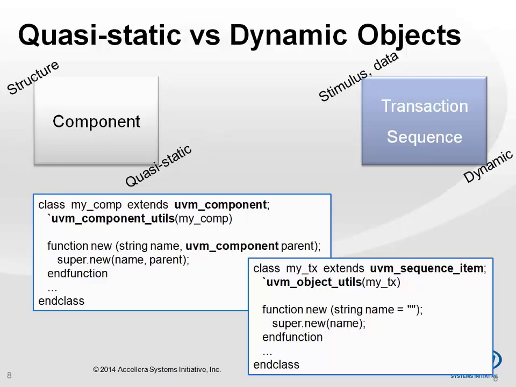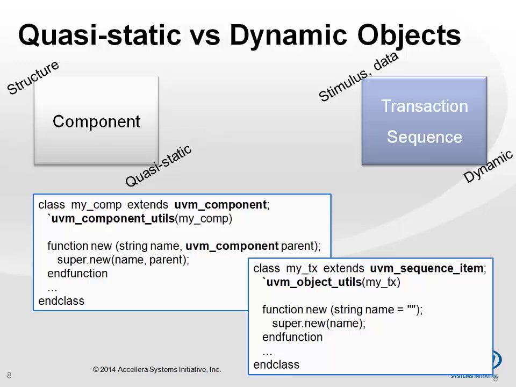So in the bottom half of the slide, we can see some UVM code, some classes. We'll see two major types of class. On the left, we've got a component. So class myComp extends uvm_component. That's quasi-static. It's going to get instantiated at time zero. On the right, we've got a sequence item that represents part of the stack of generating some stimulus.